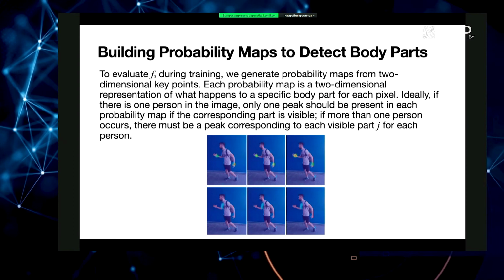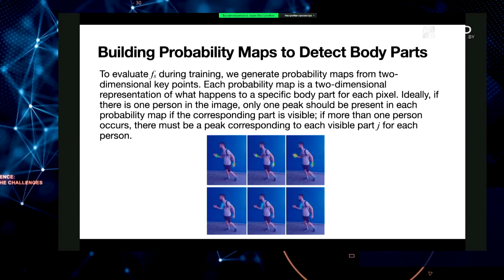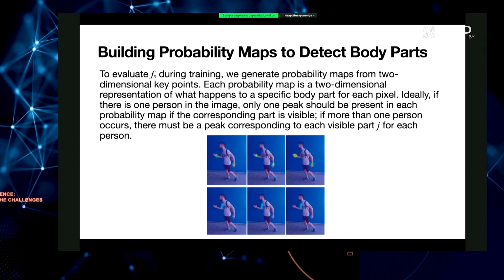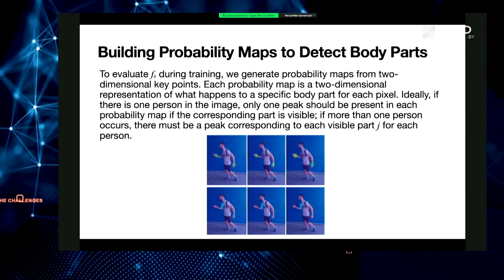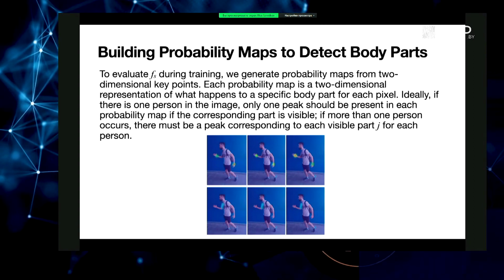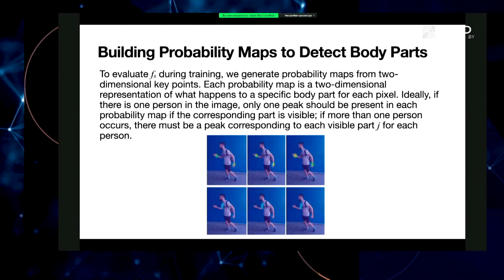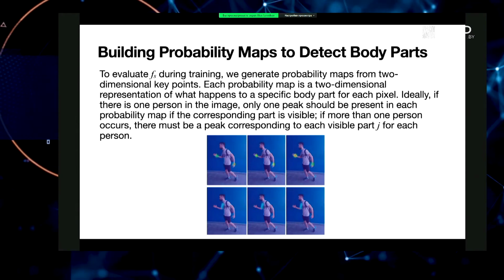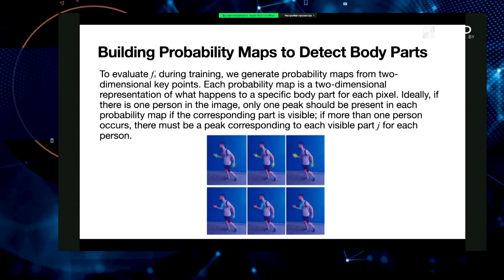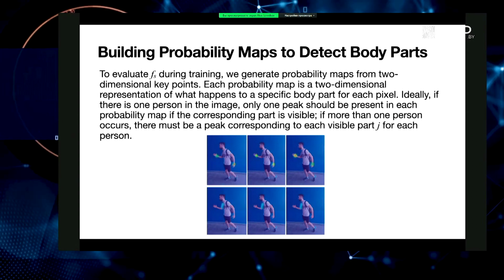The problem is, if there is more than one person, the peak can correspond to different visible parts. That was also a difficult issue to solve.